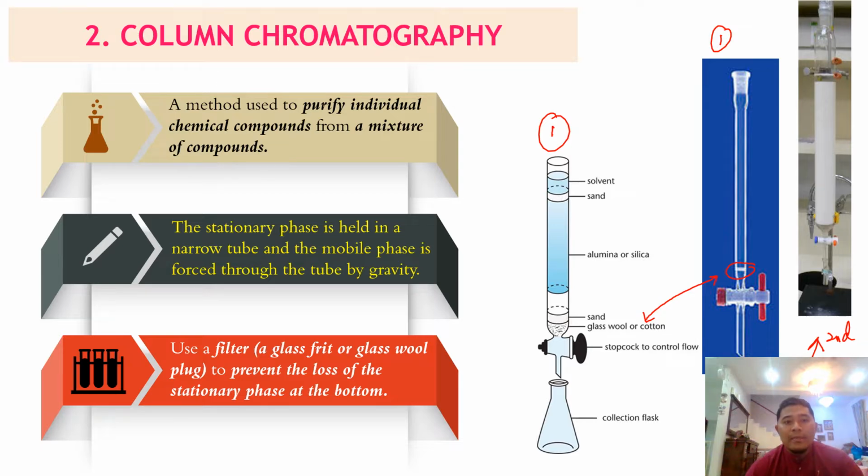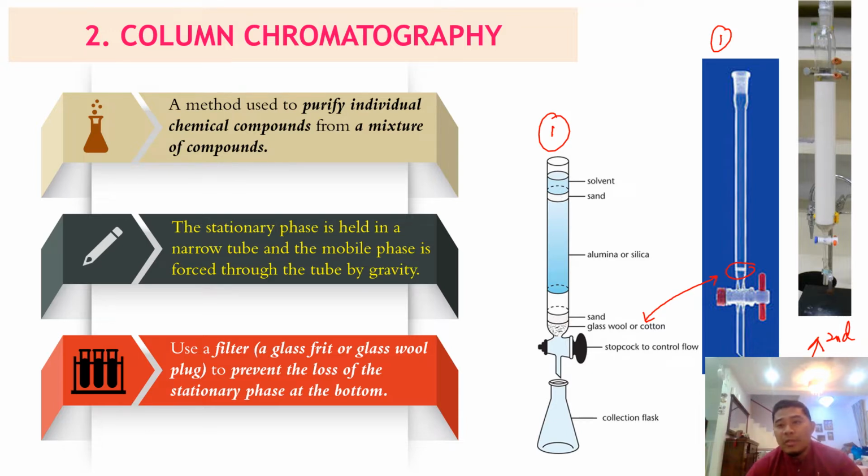So, as I mentioned, column chromatography is used to purify individual compounds from a mixture of compounds. Your sample or mixture will be placed at the top of the column. Then the stationary phase, either alumina or silica, is held in a narrow tube, and the mobile phase is forced through the tube by gravity.